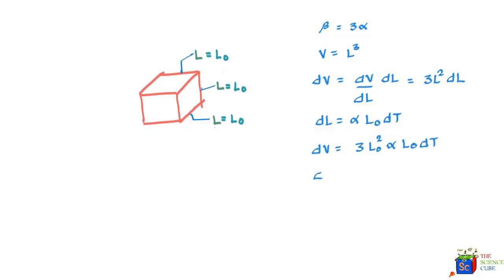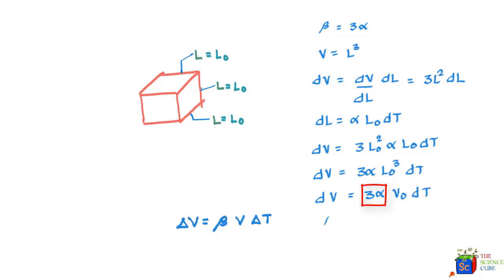So what we see is that dV now equals 3 alpha L naught cube times dt. And we also know that L naught cube is nothing but the original volume. So we write dV is equal to 3 alpha V naught times dt. And this is nothing but your beta.